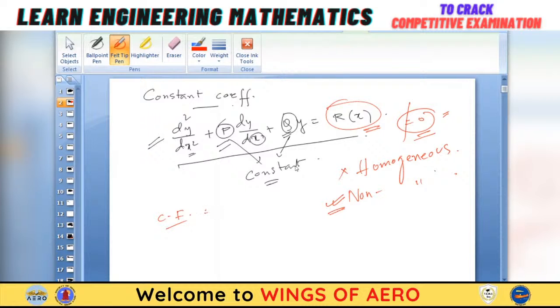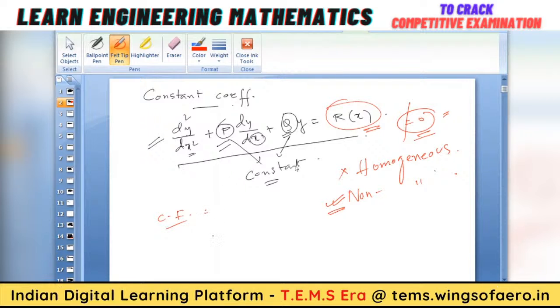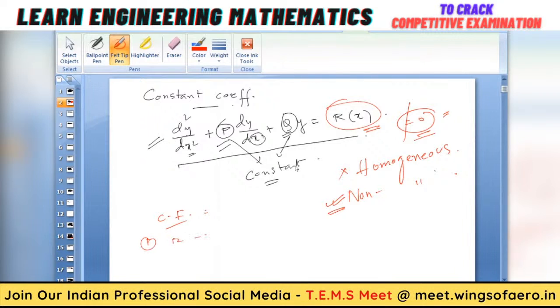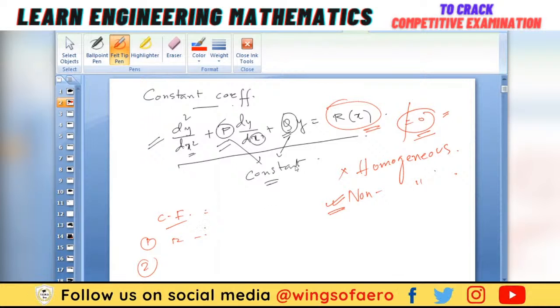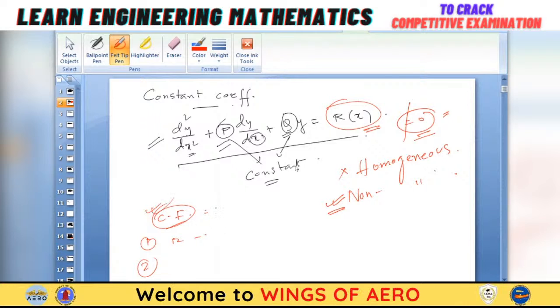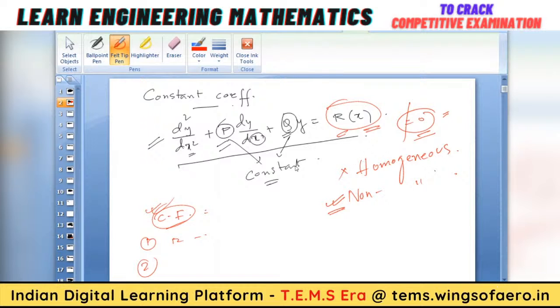That is the three rules we discussed in the last class. First one: roots are real and different. Second rule: roots are real and equal. And the third rule: roots are imaginary. All these rules are to find only the CF, or complementary function, and that will be the only solution if the right-hand side is equal to 0, that is, the equation is homogeneous.